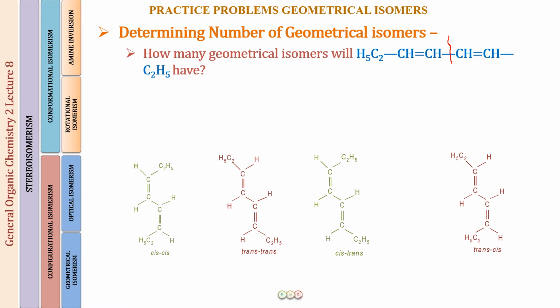Alright. So now if you start from this as carbon number 1, carbon number 2, carbon number 3, 4, 5, 6, 7 and 8. And the other way is that you start the numbering from the other side. Just look at this. So this is 1, 2, 3, 4, 5, 6, 7 and 8.